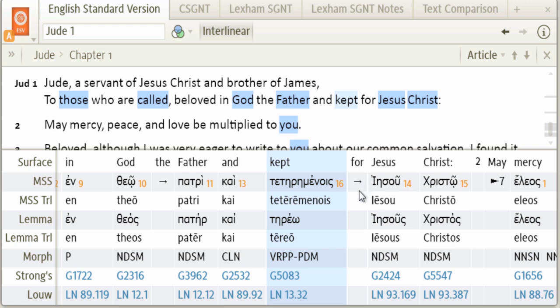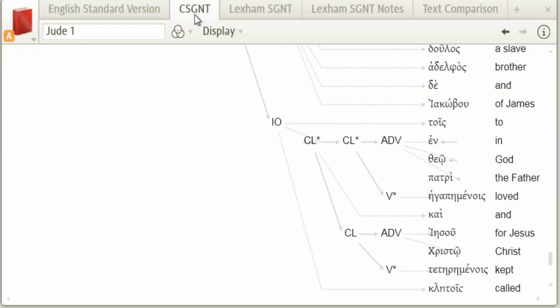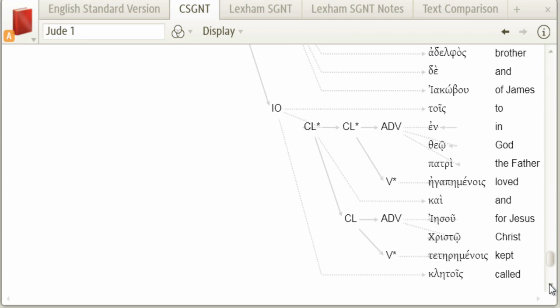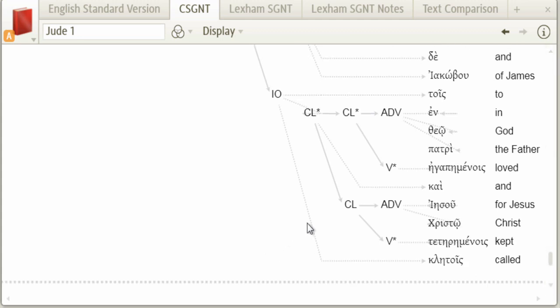Now, in other videos, we looked at two different resources that help us understand the function of words within clauses and sentences. Let's look at the Cascadia syntax graphs of the New Testament. We can see over here that this phrase, "for Jesus Christ," even though it's in the dative, is not annotated as being an indirect object.